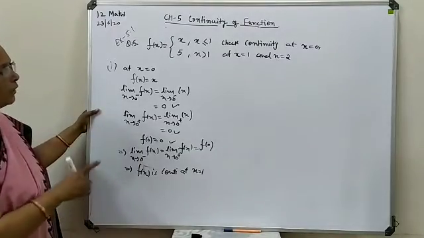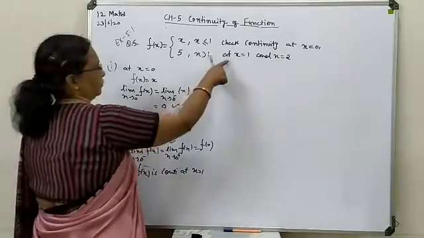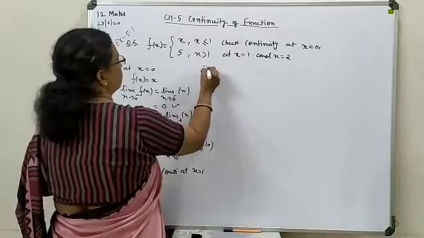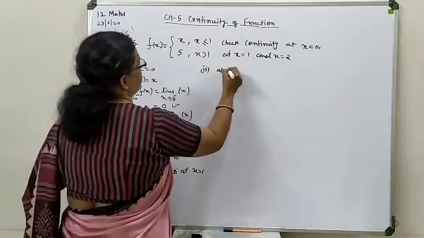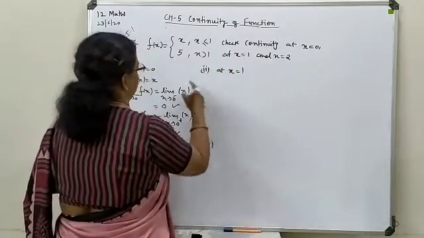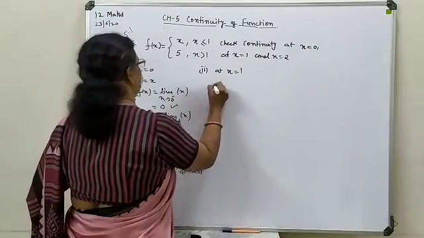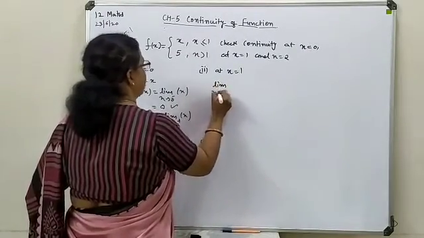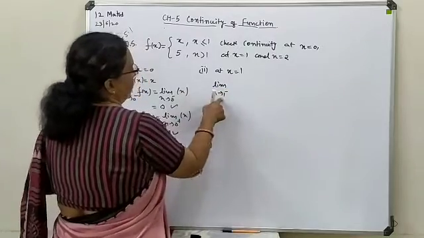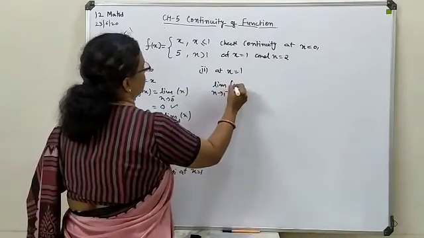Now we look at the second one. You have to check at x is equal to 1. So first of all, we talk about the limit when x is having the left limit solution.